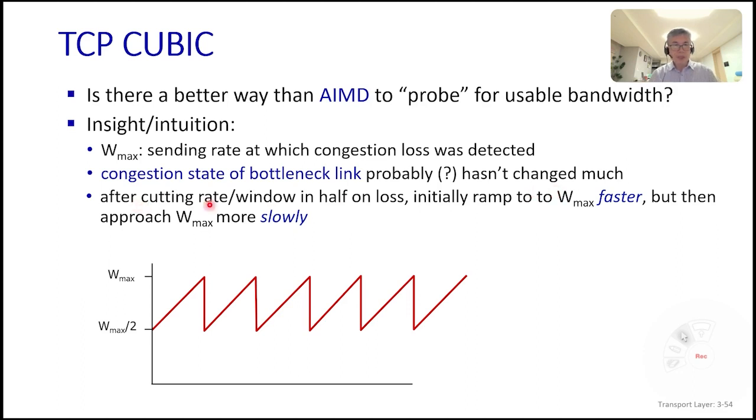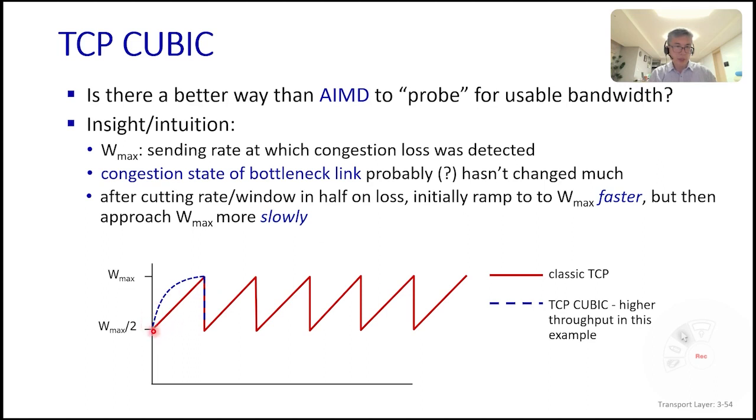So after cutting the window in half on loss, initially it ramps up quickly to W max, but then the approach is slow. So we have another approach like this, the CUBIC approach.